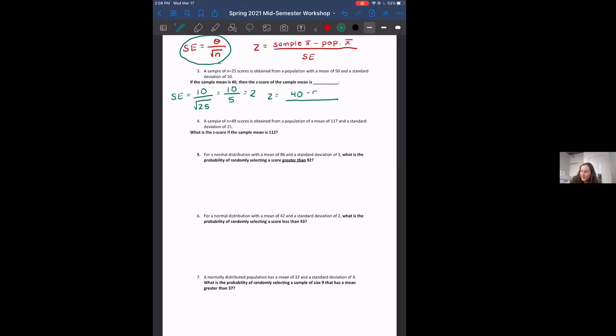So 40 minus 50, and we just said the standard error is 2, right? So 40 minus 50 is negative 10, divided by 2. What's negative 10 divided by 2? Negative 5. Yes, thank you. So that's our answer. Does anyone have any questions on that one?